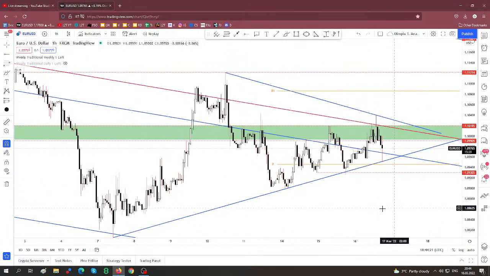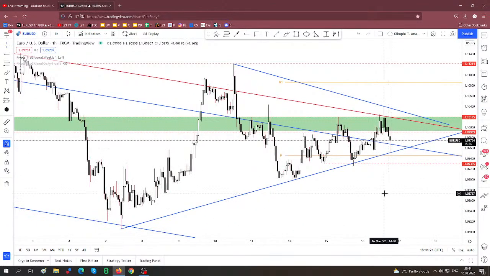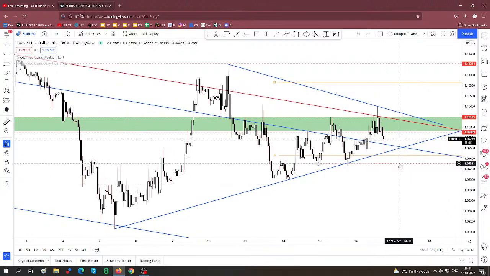Anything could happen, guys. That's why it's important maybe to stay away, to wait for a clear direction. Also euro versus US dollar, as I've said, we cannot exclude a new false breakout, test retest before dropping deeper.